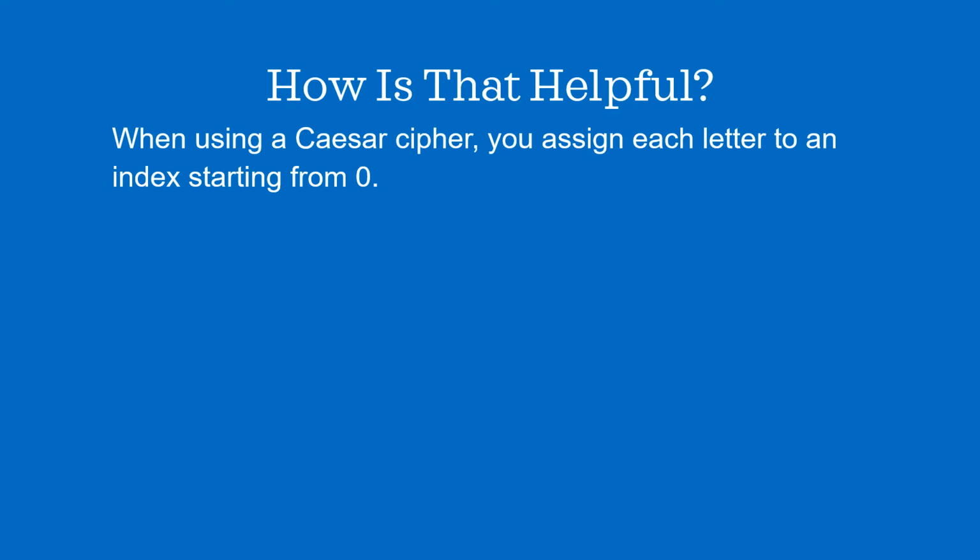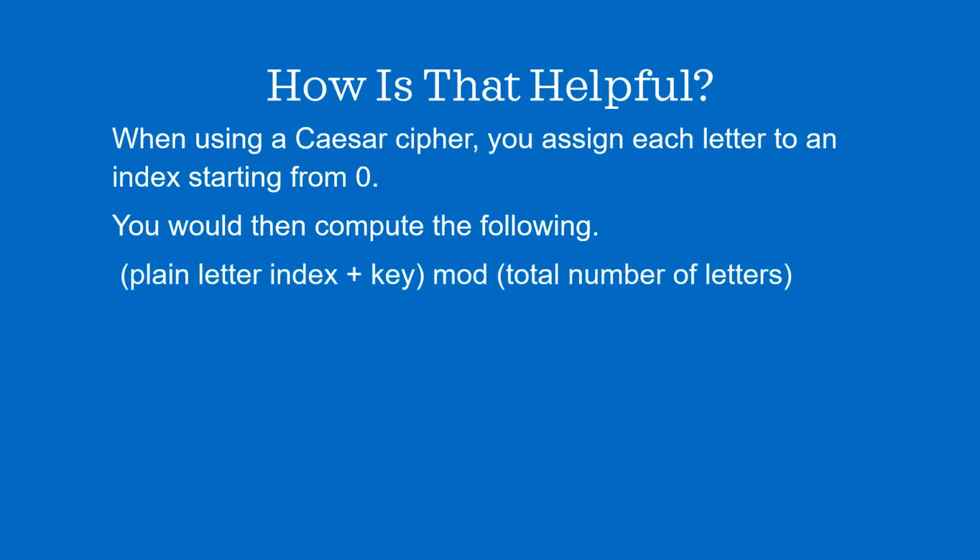Now when using the Caesar cipher, we can assign each letter an index starting from 0, and then we will compute the following. We will use the plain text index, that is the number, plus the key. If we are shifting by 3 positions, we'll use the key as 3. If you are shifting by 4 positions, you will use the key as 4, etc. And mod.